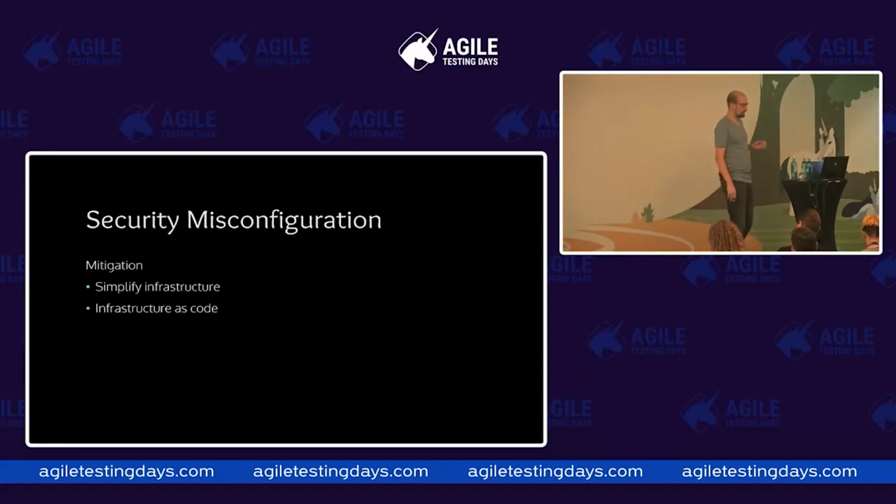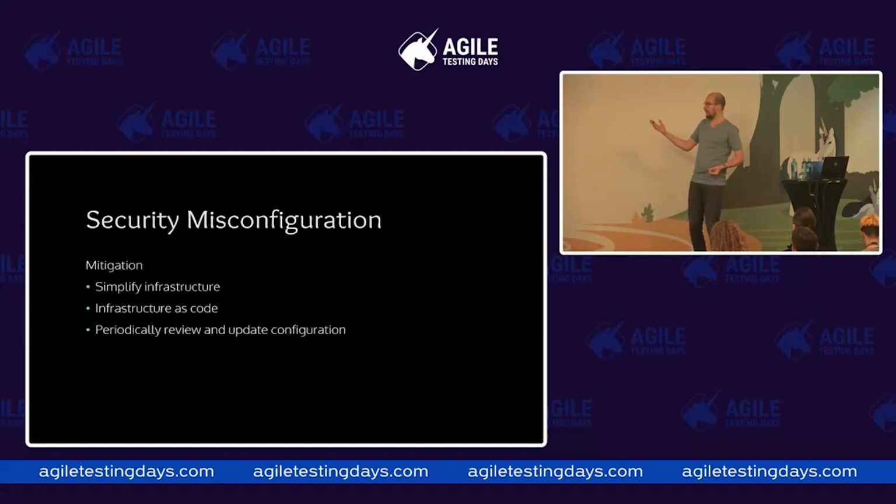Use infrastructure as code. This means that you have to explicitly write down all the configurations you have for a system. This makes your infrastructure actually reviewable and checkable by either you or a security expert or whatever. And if you have the security as code, you can also periodically review or let someone else review your configuration.